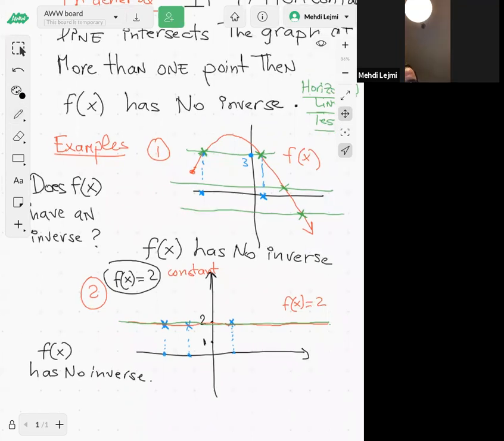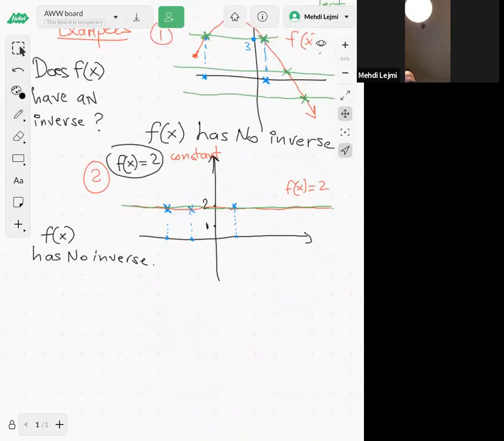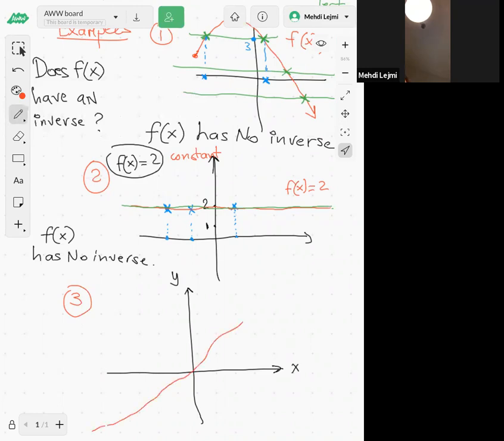Last example, an example which has an inverse. So example 3. For example, f of x equal to x cubed. So if you try to graph x cubed, then the graph would look like something like this here. Right.